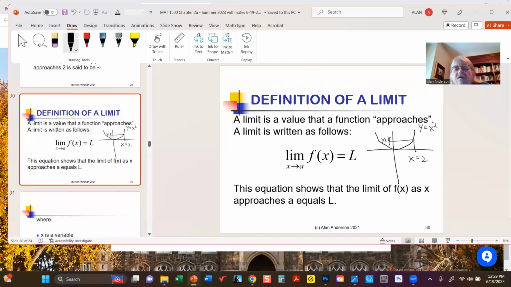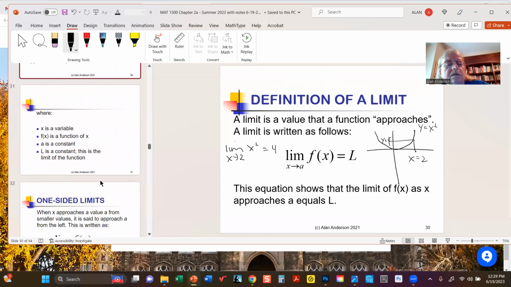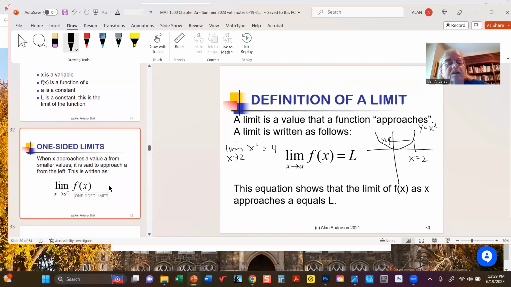You would have written the limit as x approaches 2 of f of x, which is x squared, equals 4. Now, as we've already discussed, this is a two-sided limit, by the way.